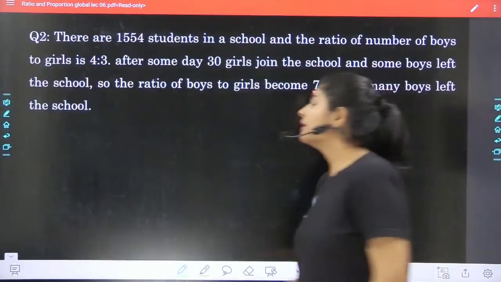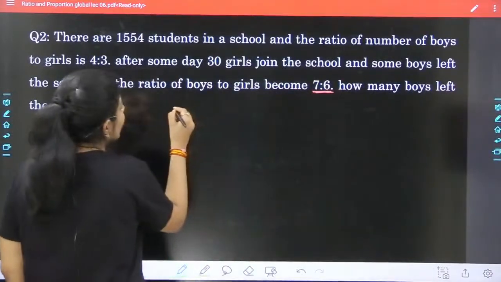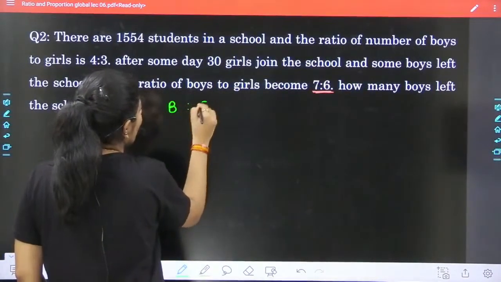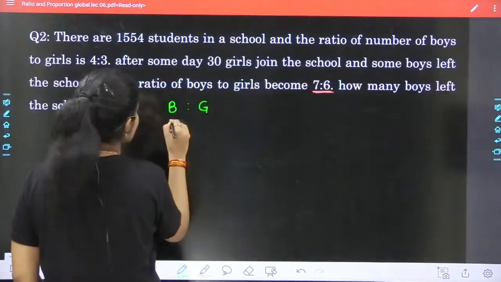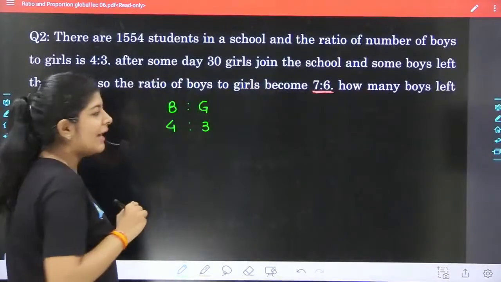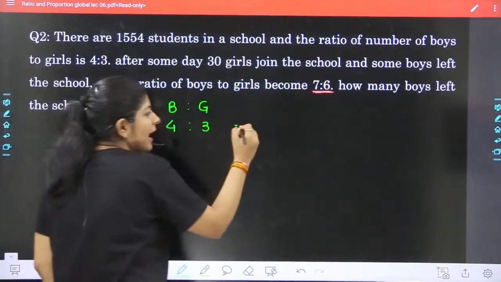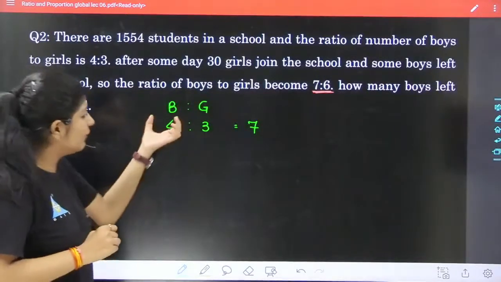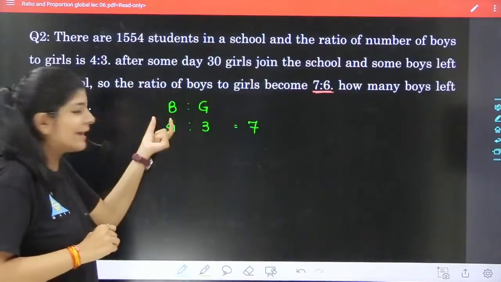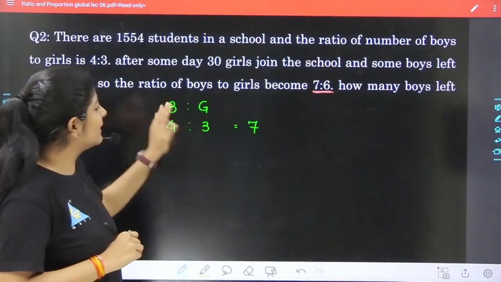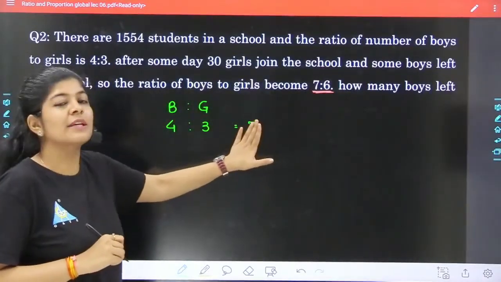Okay, let's start doing this. It is given that the ratio of boys to girls is 4:3. So I can say that there are total 7 students in the school, if I am having 4 students as boys and 3 students as girls.